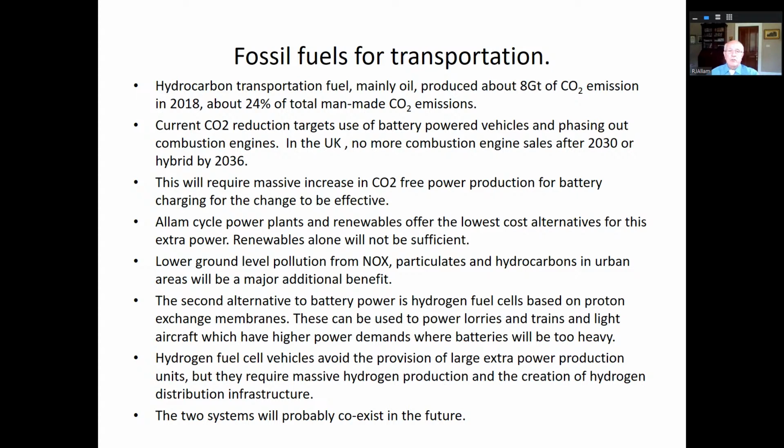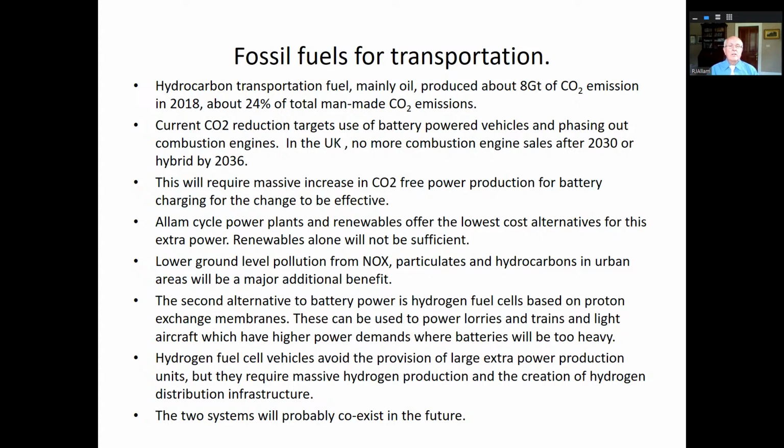So for transportation, as I showed you, the BP figures showed about 8 gigatons of CO2 emission in 2018. And that was about 24% of total man-made CO2 emissions.